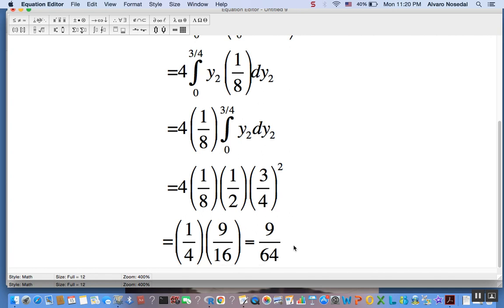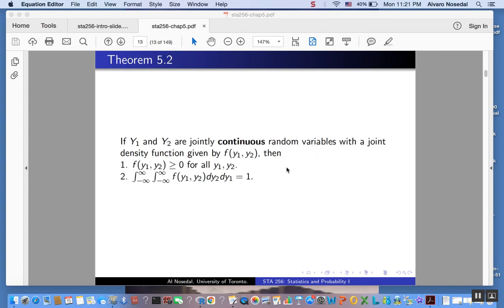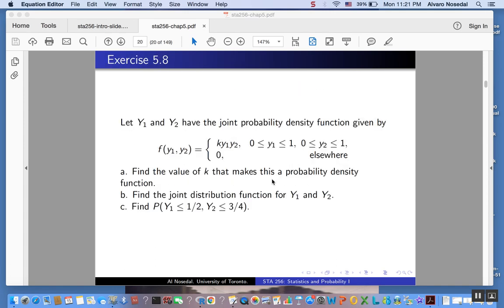Now I just want to say something about that solution that I prepared for you in our lecture notes. Note that for part C, problem 5.8, we just evaluated the CDF at this point, 1/2 and 3/4, and we just did that integral that I showed you.